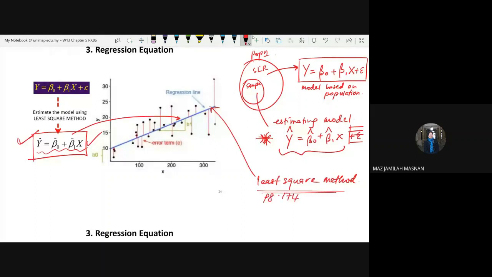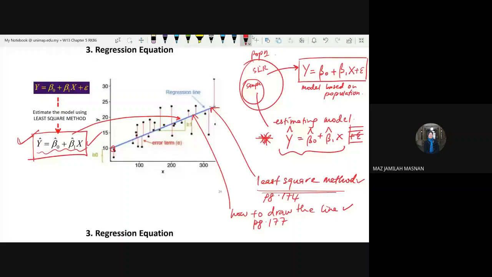Now the discussion of the line, how to get the line, how to draw the line, just to give you the idea of how to do it manually, is explained on page 177. So you can refer to this information on the least square method and how to draw the line from the smallest point to your largest point so that you can have the line.